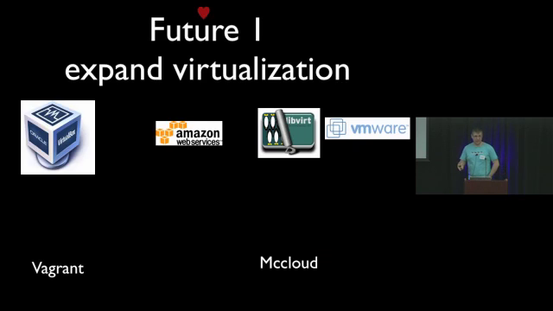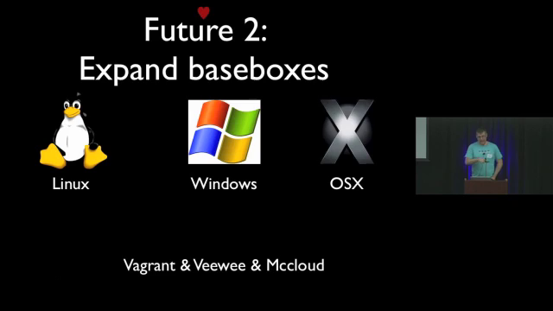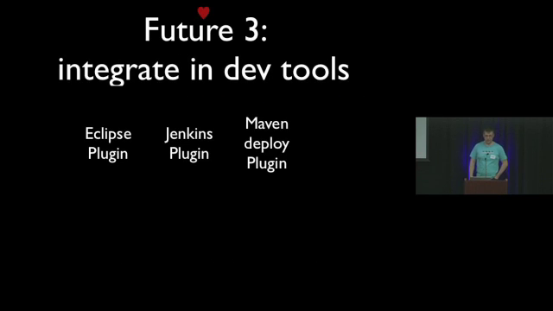Some thoughts that I have on extending it: go beyond Amazon and go to libvirt or VMware, working in the same workflow, depending on the virtualization you use in your environment. Extending it so it's not only for Linux guests, but also maybe Windows or OS X server, if you need to run boxes across that environment.